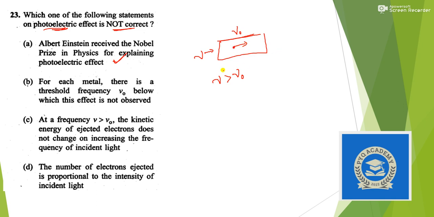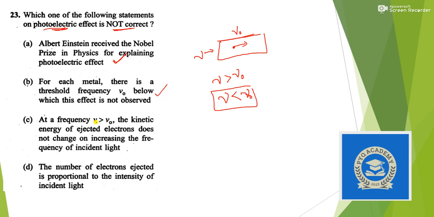Okay, now come to the next statement. For each metal there is a threshold frequency nu 0 below which this effect is not observed. Yes, if any frequency is less than nu 0, then the photoelectric effect will not come into force. So this is also true.